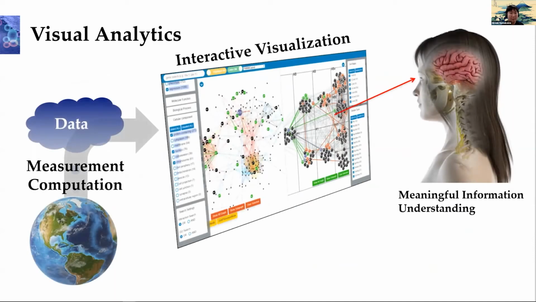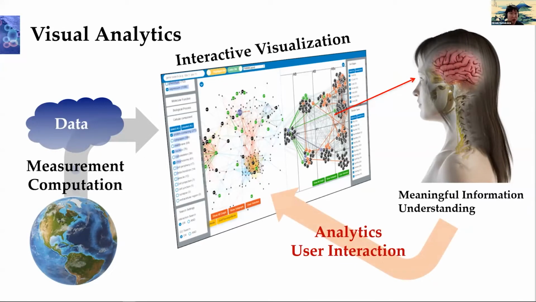Okay. So it's important not only to visualize the data, but also to support the iterative process of exploration. For this purpose, we can add user interaction in analysis using interactive visual interfaces, and that facilitates understanding of the data.